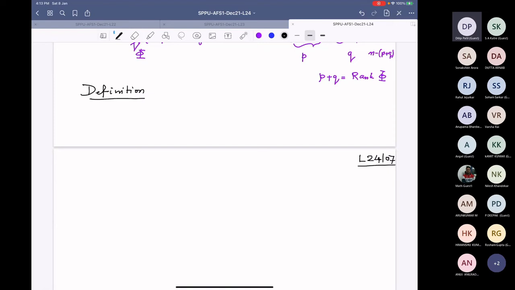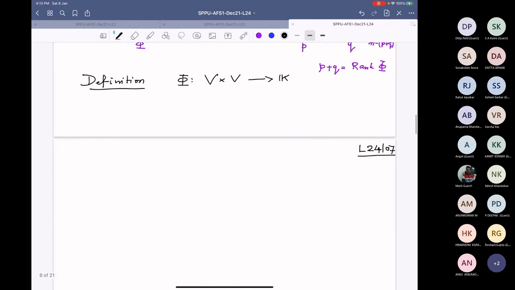With that notation, phi is our form from V cross V to K, either Hermitian, either K is R or C. Then, first of all, note that these P and Q are uniquely determined.